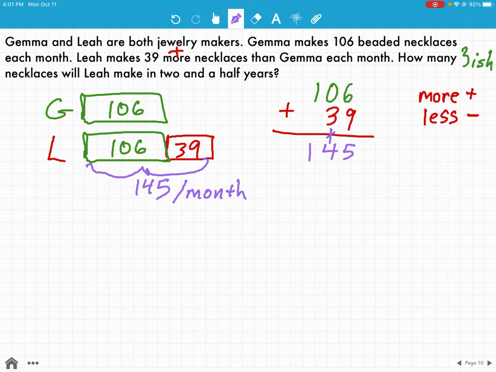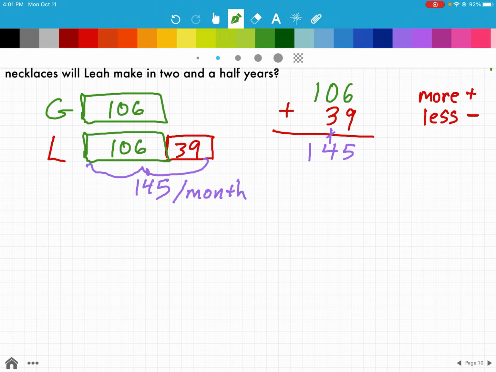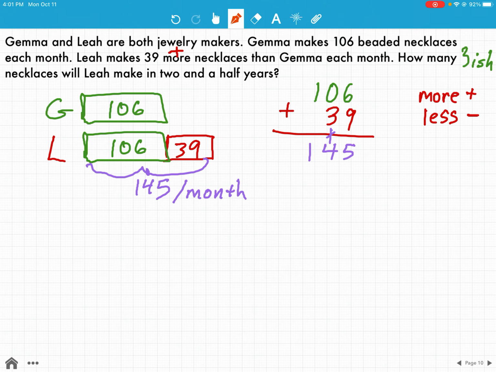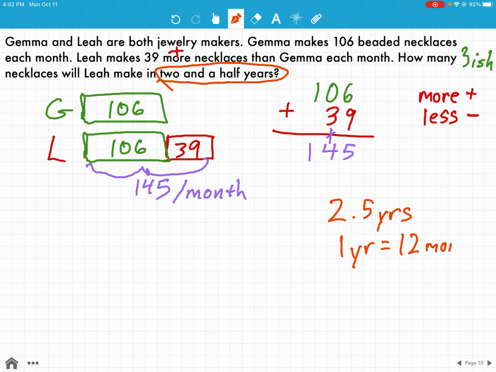First, we have to figure out how many months is 2.5 years. I'm going to have a disturbance right now, so please pay attention. Disregard any noise that you might hear in the background. 2.5 years. Well, I know that 1 year is equal to 12 months. So 2 years is equal to 24 months.